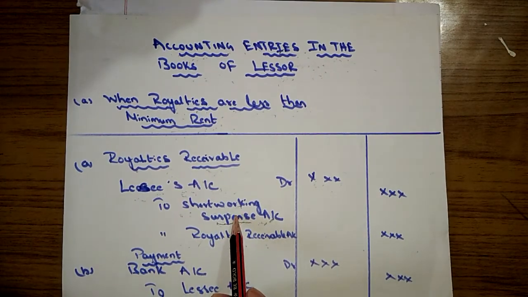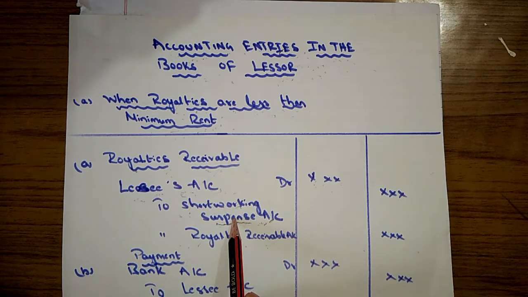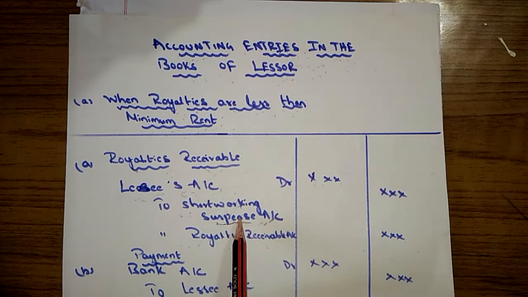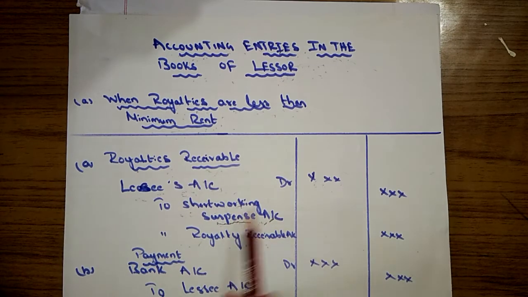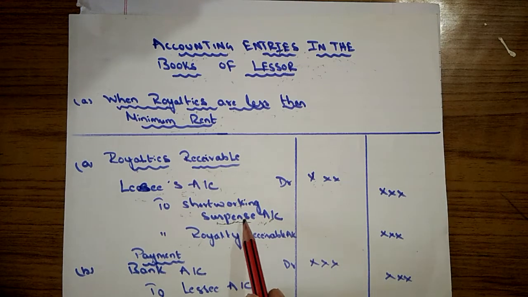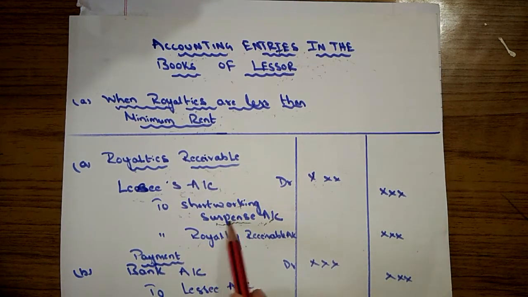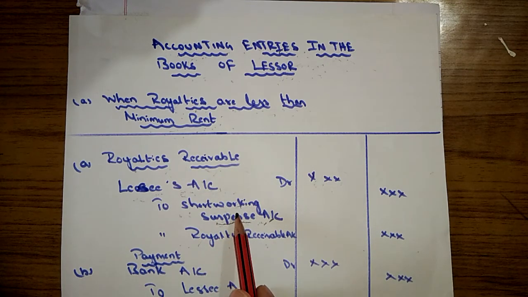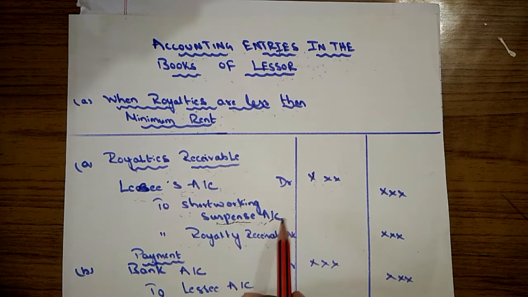Let me explain this. Whenever excess amount is made by the lessee to the lessor, for which he has a right to recover from the surplus, that shall be treated as a liability for the lessor, because in the subsequent year any excess amount paid by the lessee is going to be recovered.